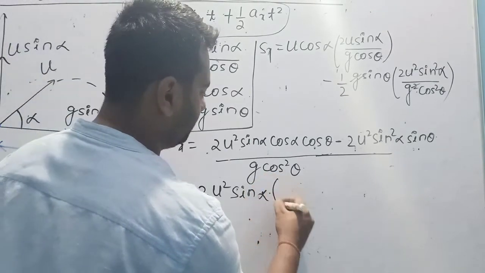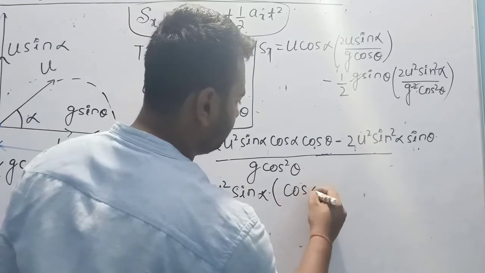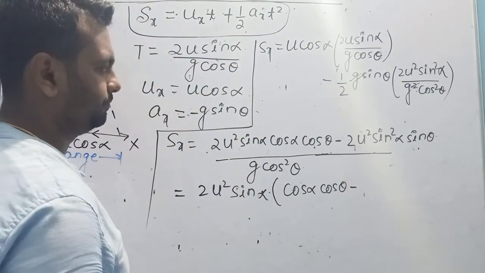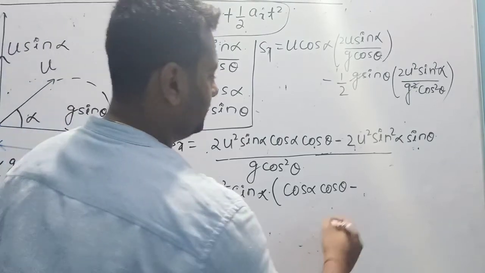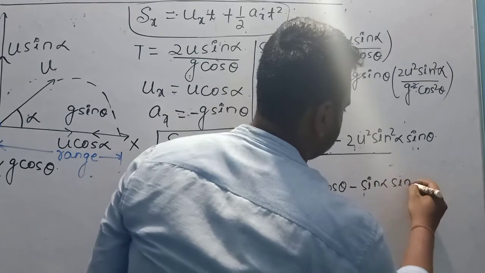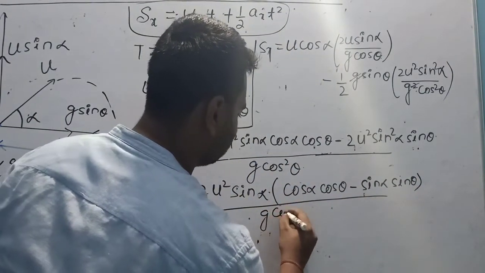What will remain here? cos alpha into cos theta minus sin alpha into sin theta, divided by g cos square theta.